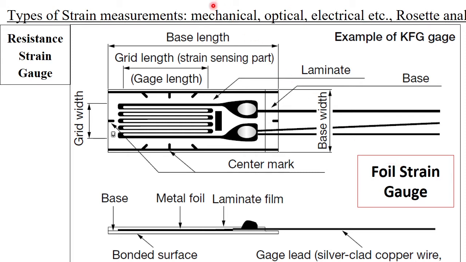The mechanical strain gauge is not discussed here. Usually it should have started with the mechanical strain gauge. You are aware of the extensometer that we use in the universal testing machine. Usually those extensometers are mechanical strain gauges. Then the optical part, we will see photoelasticity or those things.